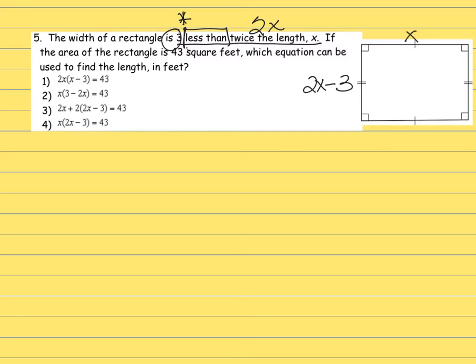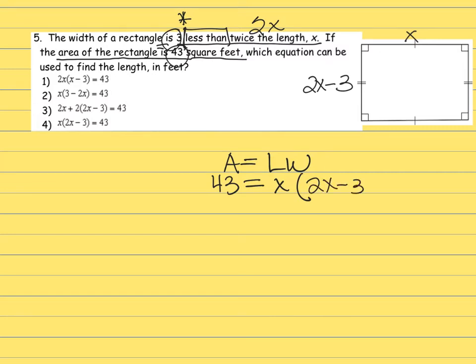If we read further, it says the area of the rectangle is 43 square feet. In a rectangle, area, you should know, is equal to length times width. We know that the area is 43, which is equal to length, which is x, times the width, the quantity 2x minus 3.